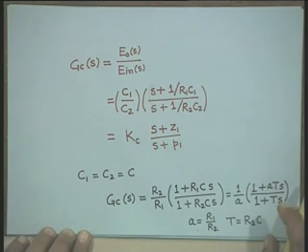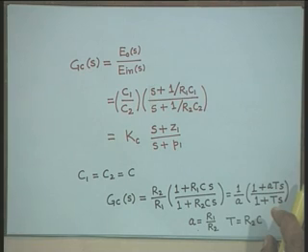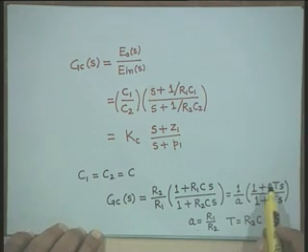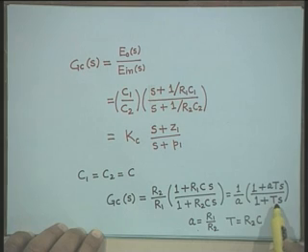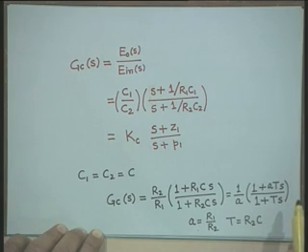Therefore, what we have done is that we now have two parameters to be computed. One is A, another is the time constant T. As I have told you, T1 is greater than T2, and therefore A is greater than 1. A is always greater than 1 to realize a phase lead controller.